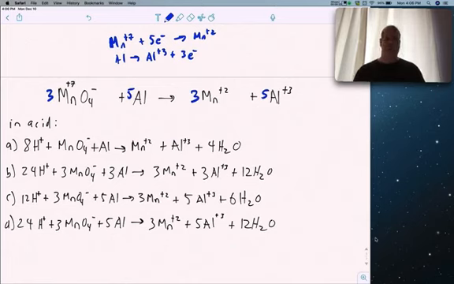So let's look at the number of oxygens. There's 12 oxygens on the left, so we need 12 waters on the right. And there's 24 hydrogens, so we need 24 H pluses there like that. Okay? So that's how you balance that one.